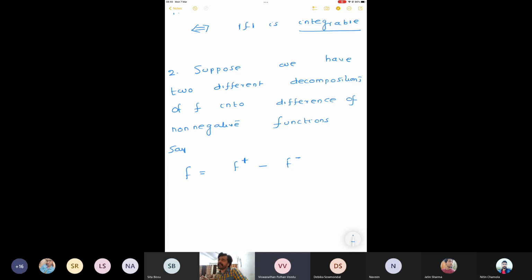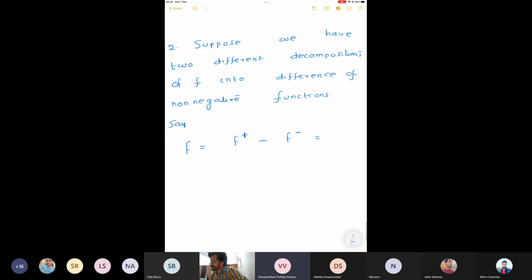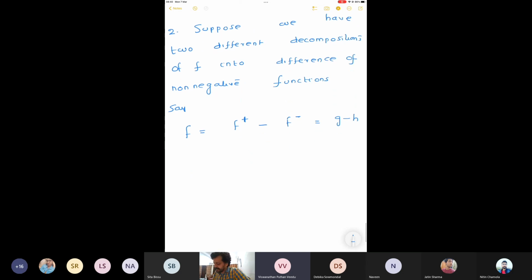And you could arbitrarily write f as a difference of two non-negative functions, let us say g minus h, where g, h are non-negative.